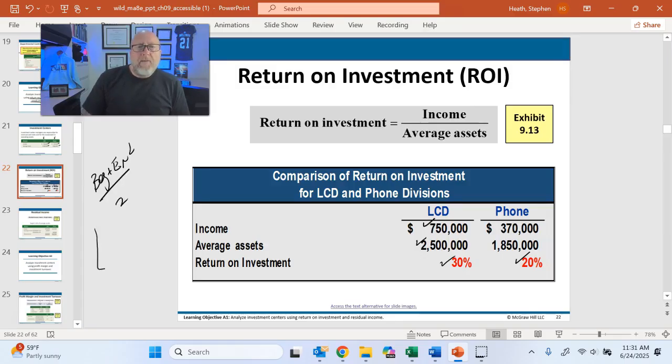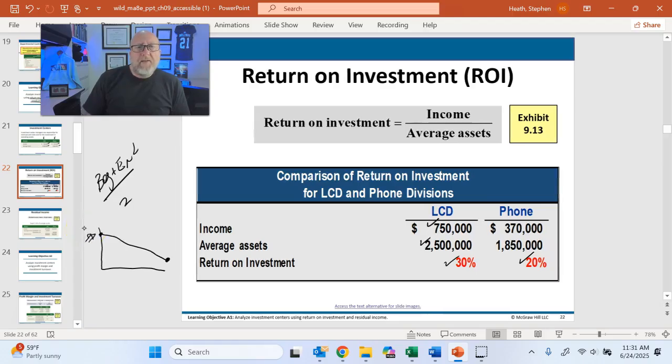So if I have a set of assets, and they're constantly depreciating over time, let's say this is 1 year, this is my beginning balance, this is my ending balance, and my average would be right there in the middle. Okay? So that's what we mean by average assets. It's not the year-end number. It's not the beginning of the year number. It's the average.